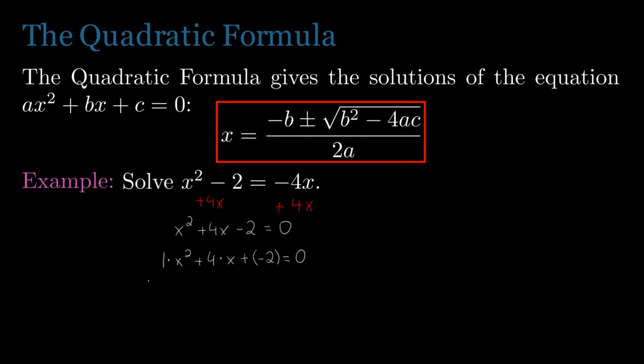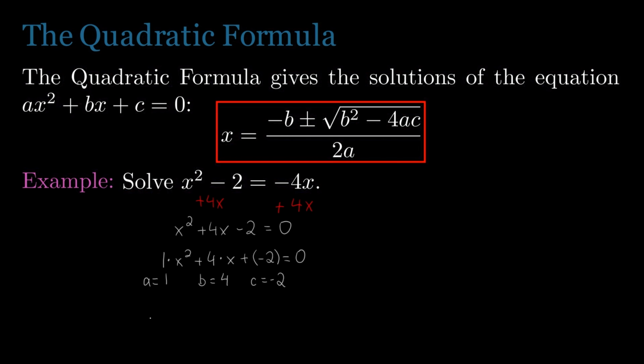That gives us a, the coefficient by x squared in this case, to be 1, b, the coefficient by the first power of the variable, in our case x, to be 4, and c, the constant term, to be negative 2.